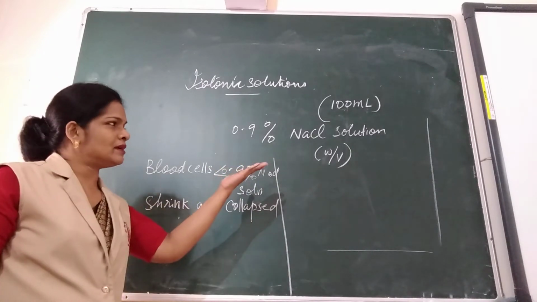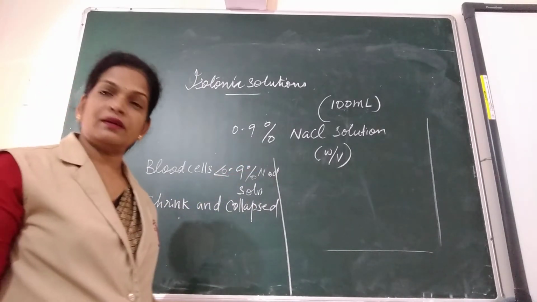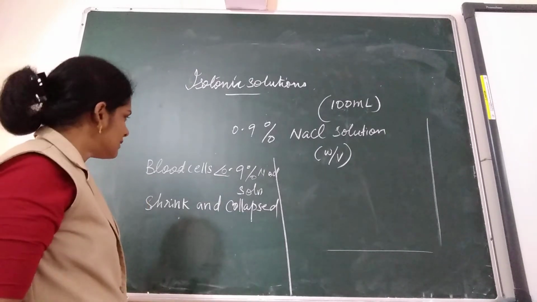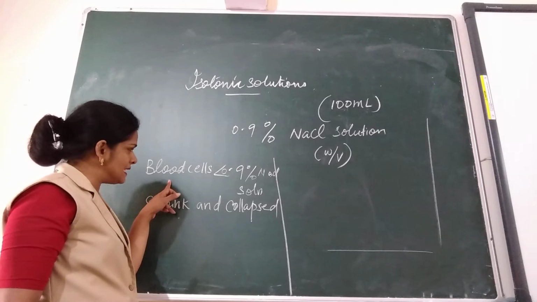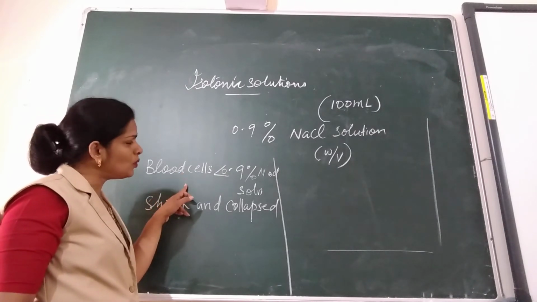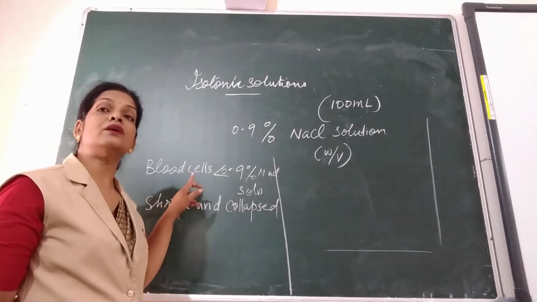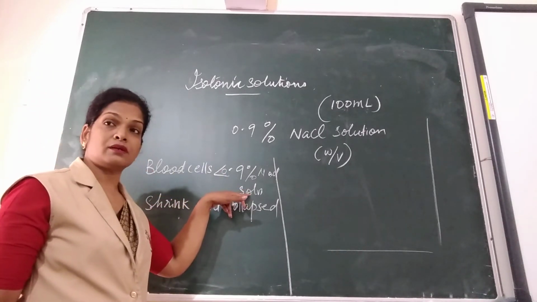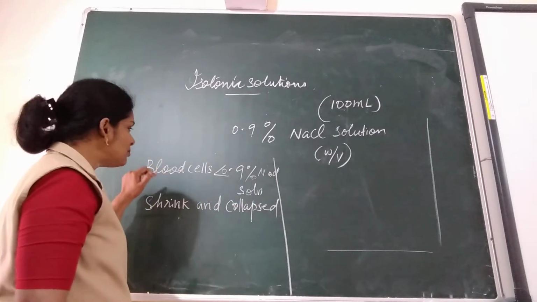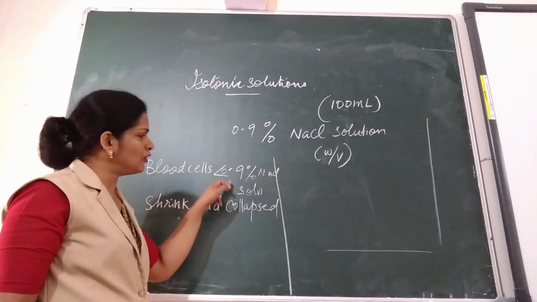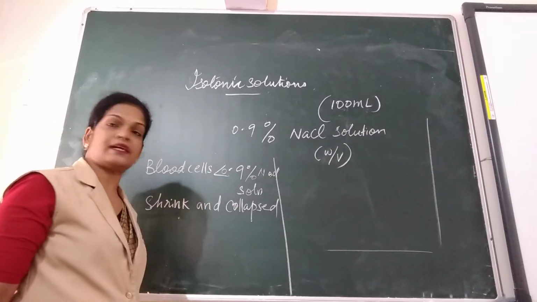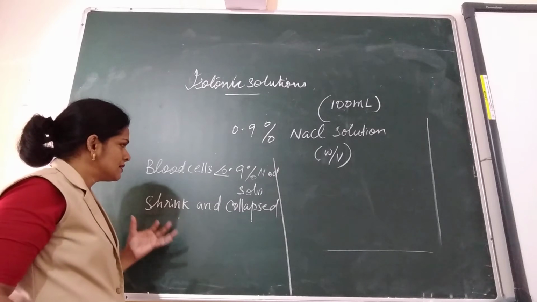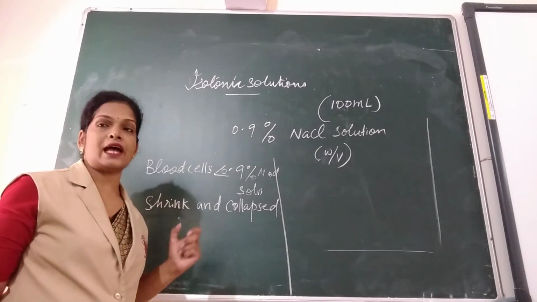Such a solution can be injected into the bloodstream intravenously, no problem, no swelling, no collapse. But if the blood cells are having lower concentration, meaning lower osmotic pressure, the solvent will flow from lower concentration to higher concentration. So from blood cells, solvent will be flowing to this 0.9% NaCl solution. So the blood cells shrink and get collapsed.